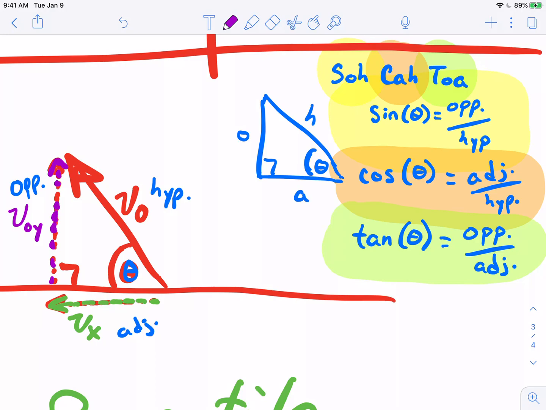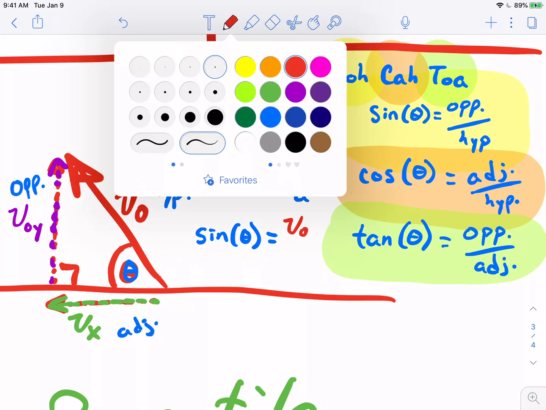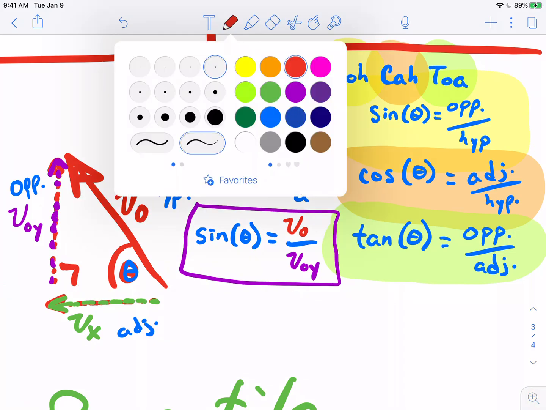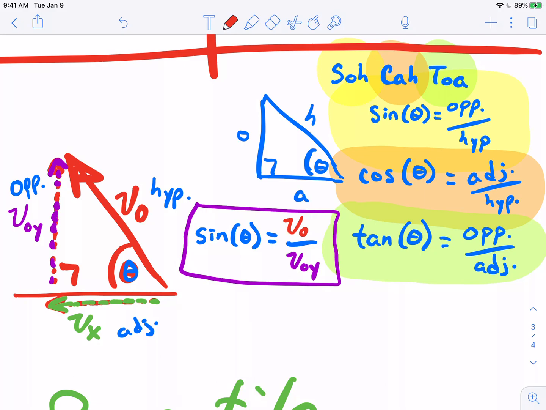Sine is going to have the hypotenuse, theta, and so sine of theta is going to equal the opposite over the hypotenuse, V sub O Y over V sub O. All right, so that is going to get me a relationship for V sub O Y. And then I want to look at some other ones.